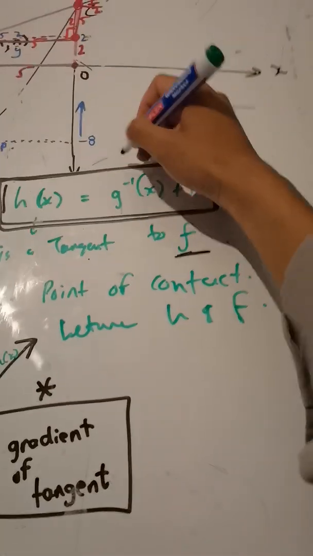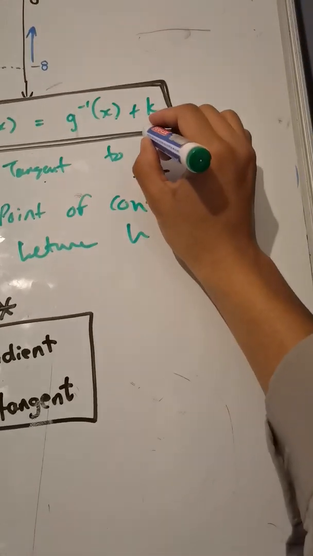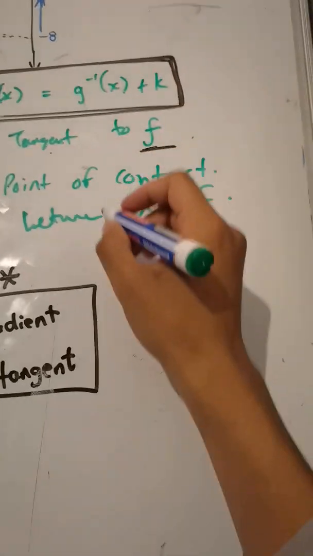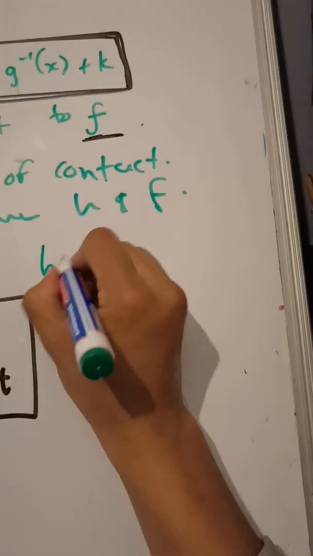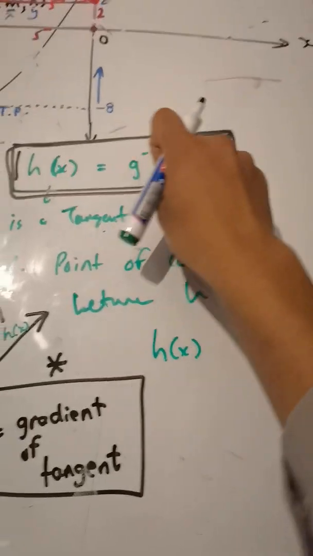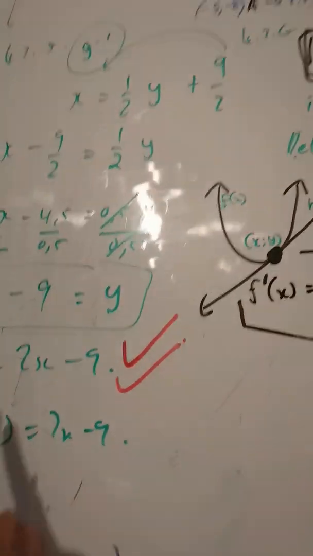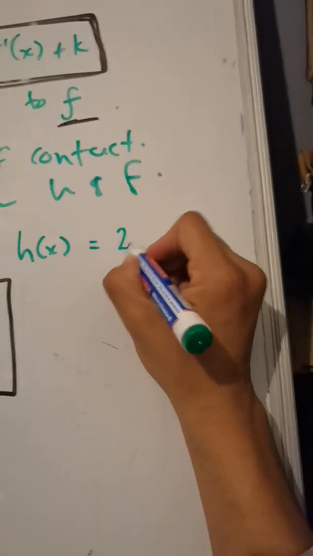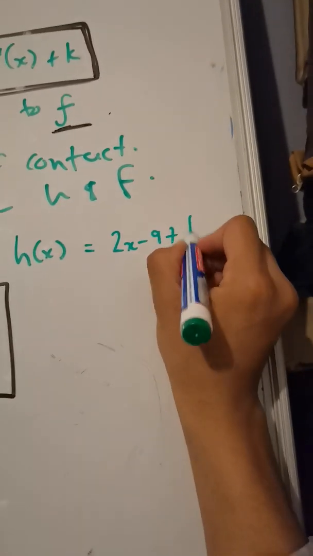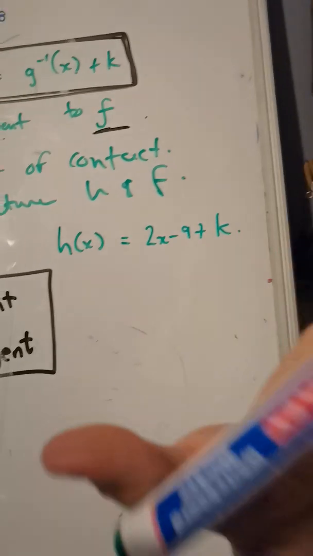Now, h of x, I'm going to rewrite it here. H of x, so g to the negative 1 of x, we got the formula here, 2x minus 9. So that is going to be 2x minus 9 plus k. Okay, we just stop there.